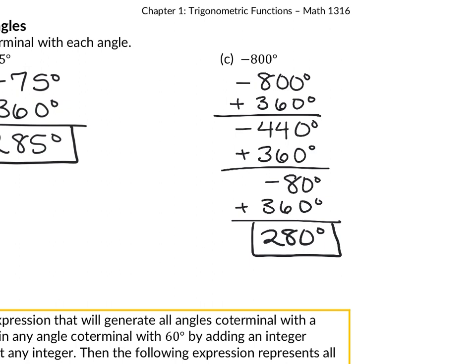Now, all of these angles that we've gotten, this guy, and this guy, they are all coterminal with negative 800 degrees. I just specifically wanted the smallest positive one. So as long as you add or subtract 360, you have made a coterminal angle no matter what.